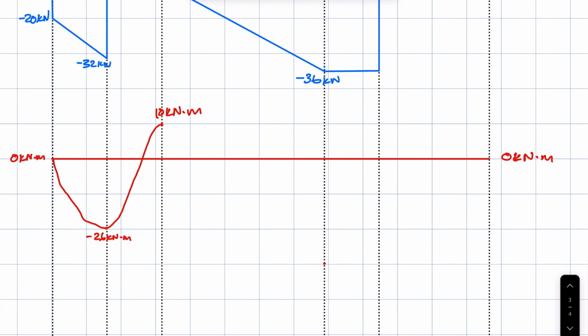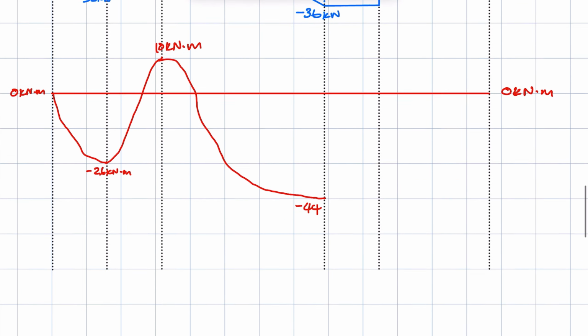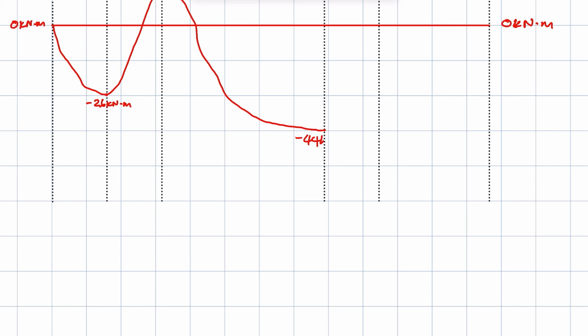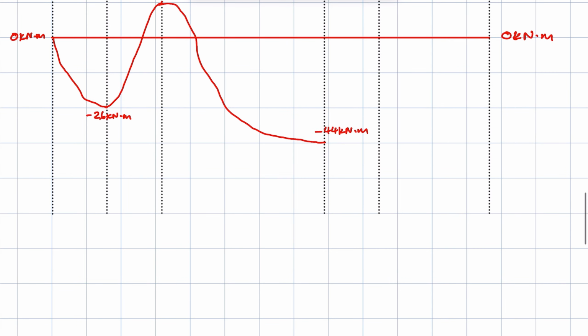So we complete this parabola, and then you have this section of the beam. It looks like that. So at this point you have the minus 44 kilonewton meters. There's the bending moment at F.